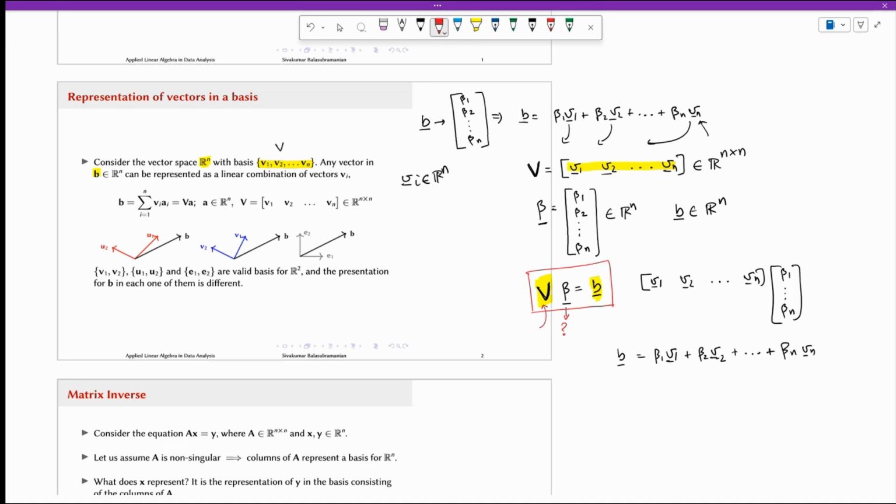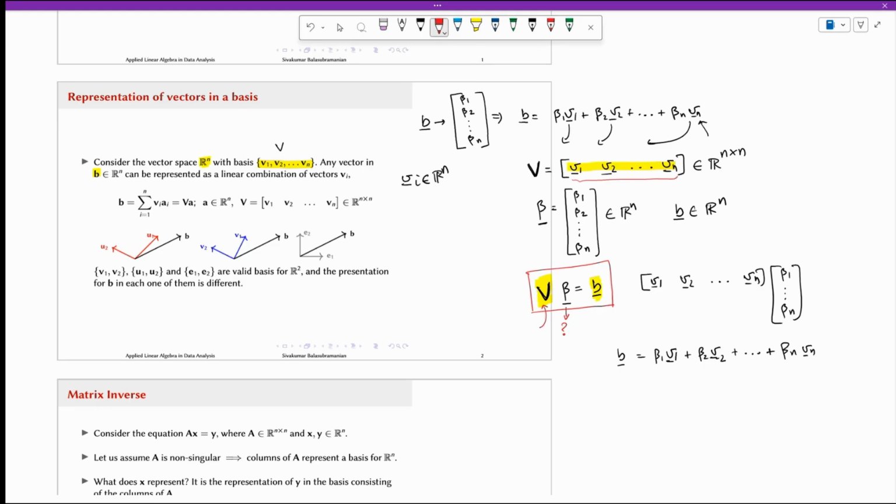We know the matrix V is square. Is it full rank? If yes, why? If no, why? It's full rank because all the columns are linearly independent.